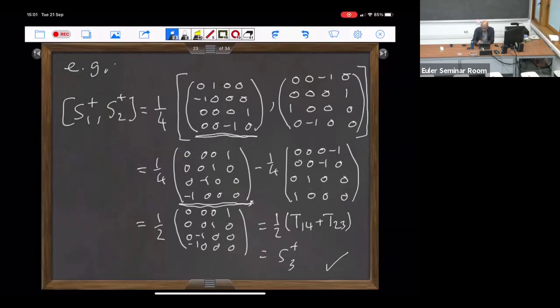And then when I subtract off the S2 times S1, I get minus a quarter of minus the matrix that I first computed.